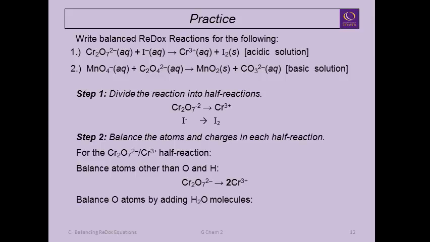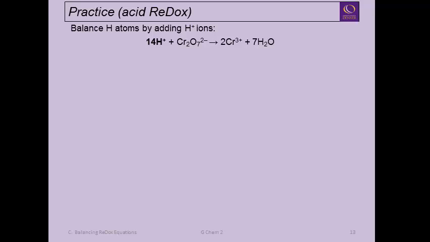You need to balance out your oxygens by adding water molecules. There you go. So 7 waters on the right would balance that out. Balance the H atoms by adding the hydronium ions to the other side. Then you balance the charges by adding electrons. So once again, this is balancing the charges of the reactants to the product side, which is what the method is calling for.